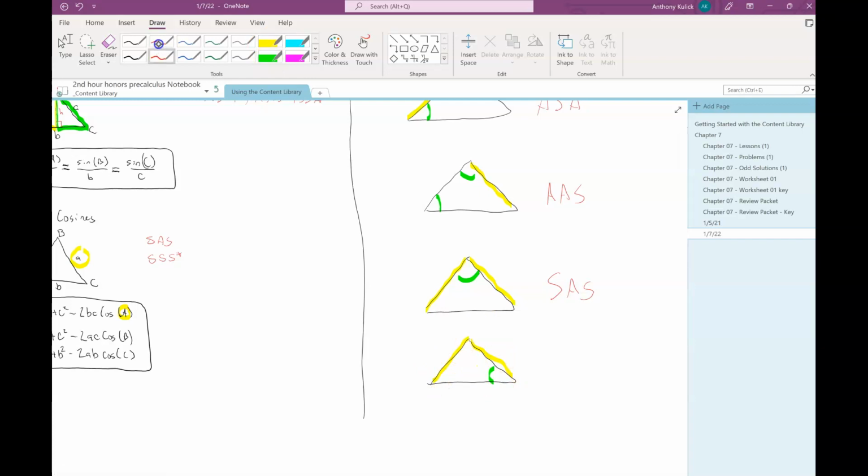So this then has to be side side angle. You can notice that one of the sides is not part of the given angle, right? And it's the side angle side and side side angle that it's really important that you're able to tell the difference between, because one of them is a law of cosines situation, the other is a law of sines situation.